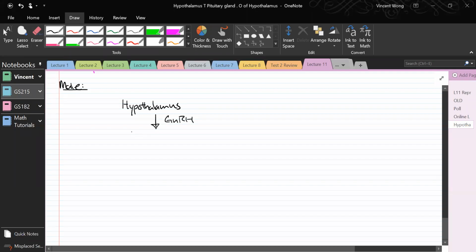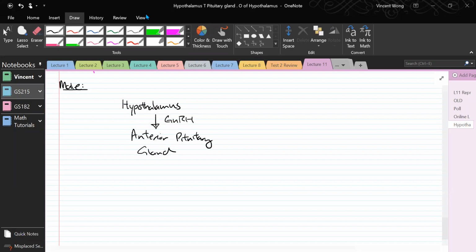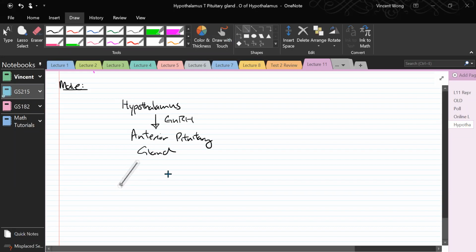And that will cause the anterior pituitary gland to release FSH and LH. So again, follicle stimulating hormone.